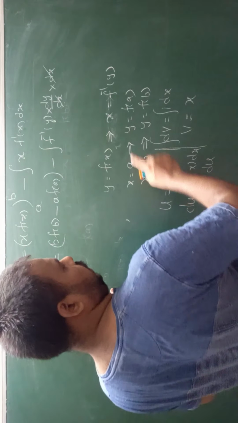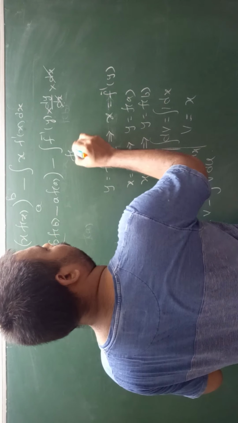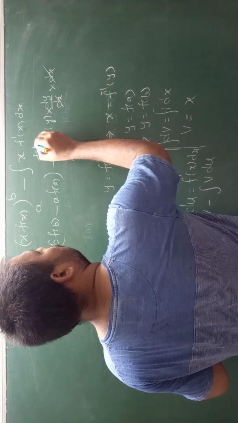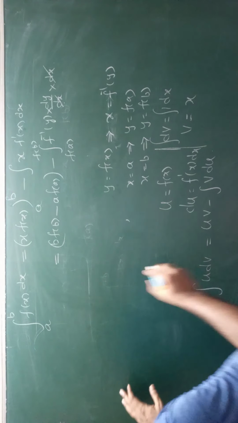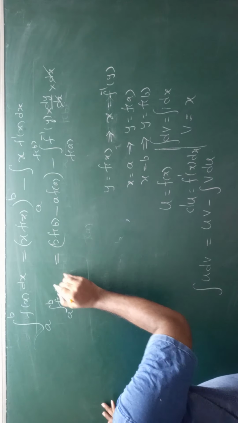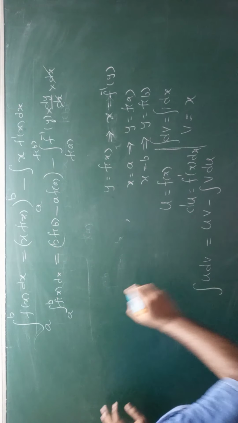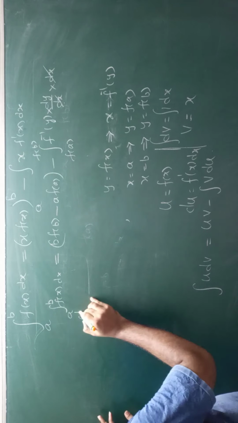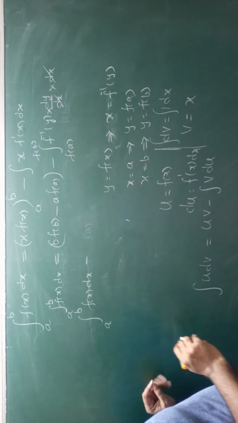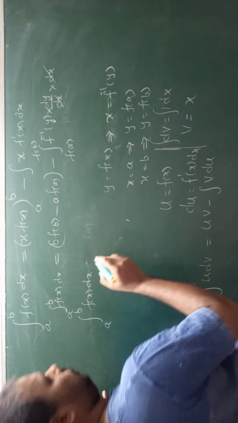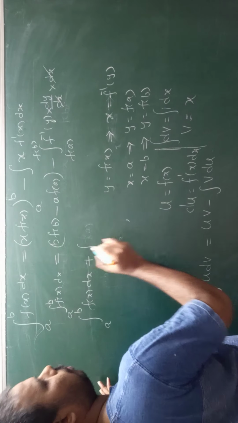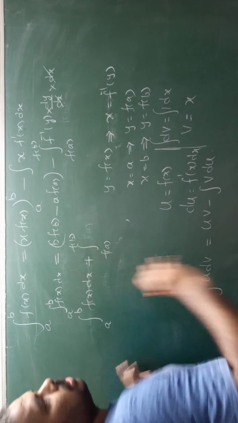When x equal to a, then y is equal to f of a. When x equal to b, then y is equal to f of b. So therefore integral a to b f of x dx is equal to, now taking this one to the left hand side, plus integral f of a to f of b.